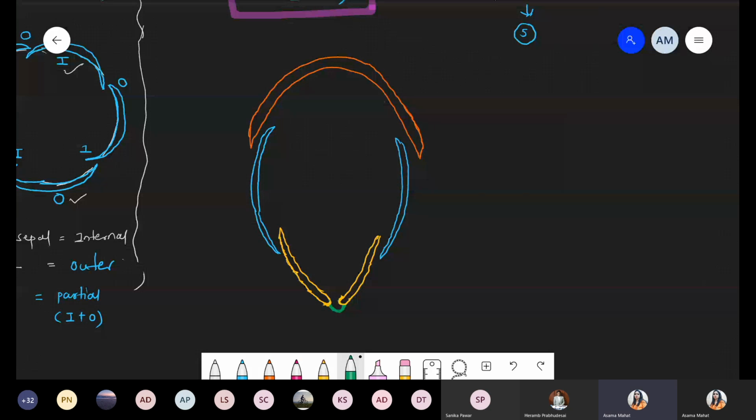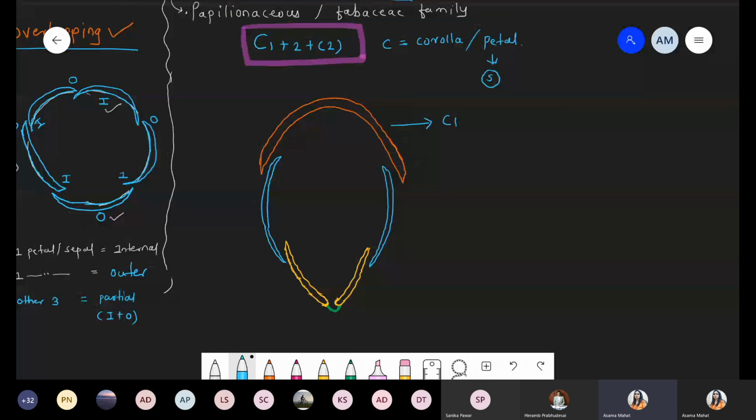So I'm giving the names. Here we represent C1, meaning corolla 1. So here we are talking about C1, and C1 is called the standard, or also called the vexillum. Standard or vexillum.